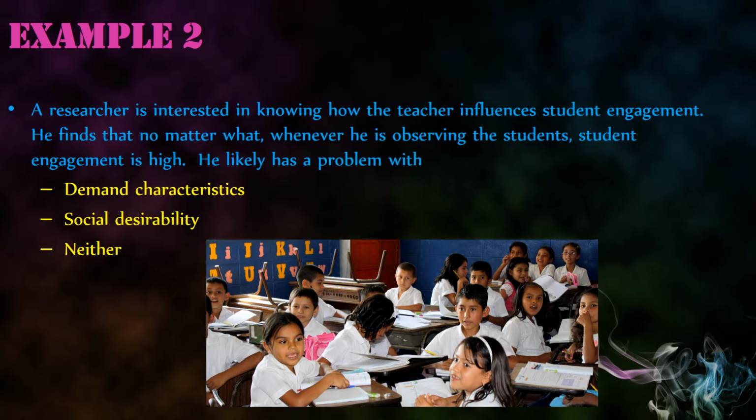So what's likely happening is the students know that he's observing them, and are changing their behavior just because he's there. Social desirability: is there something that he's asking his participants to do that is socially unacceptable? And he's not really asking anything like that. So in this study, the researcher has a problem with demand characteristics.